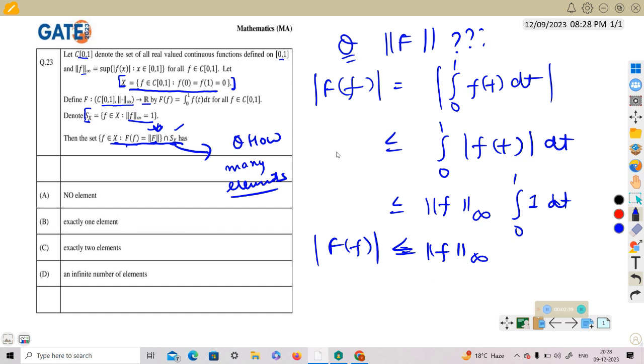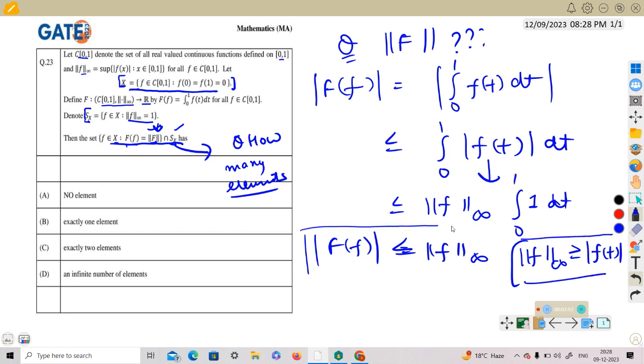What we have done in these steps is that we have used that the infinity norm of f is always greater than |f(t)|. Okay, we have obtained this.